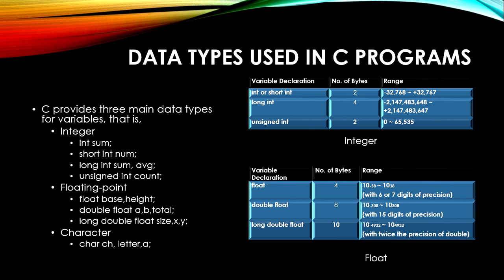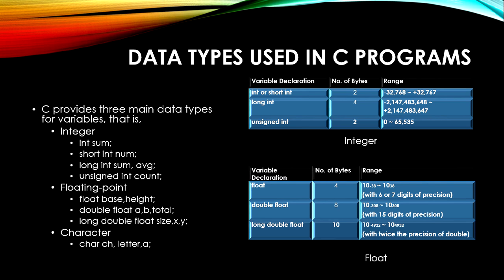Now floating point variables. Floating point variables are used for storing floating point numbers. Floating point numbers are stored in memory in two parts. The first part is the mantissa and the second part is the exponent.